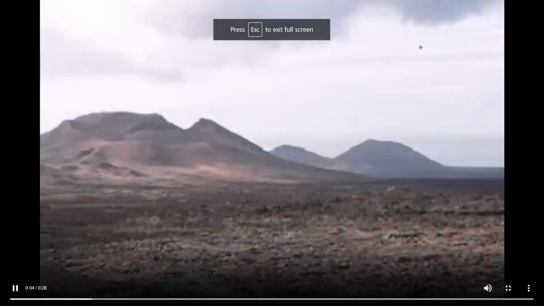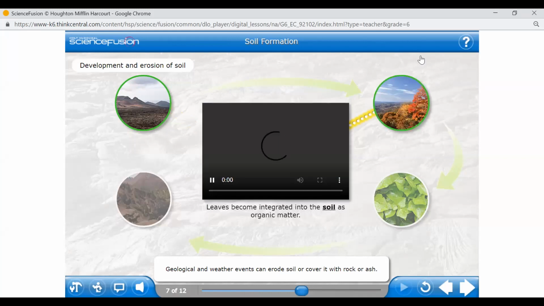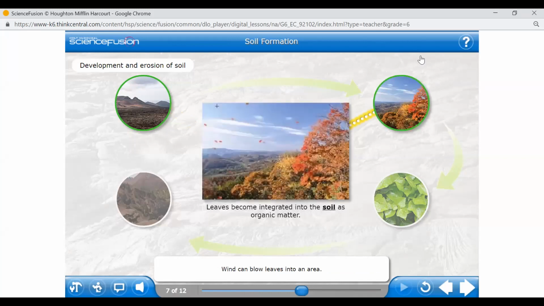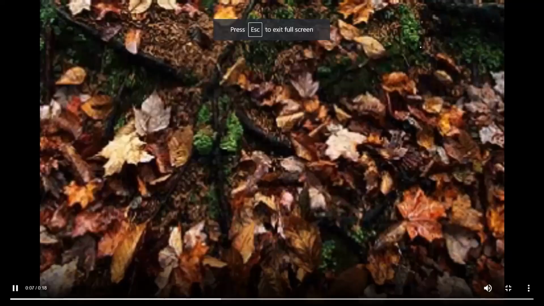Landslides can remove soil very quickly. Geological and weather events can erode soil or cover it with rock. Wind can blow leaves into an area. These leaves can then accumulate on top of weathered rock particles. Eventually, animals and other organisms on the surface and in the soil break them down.